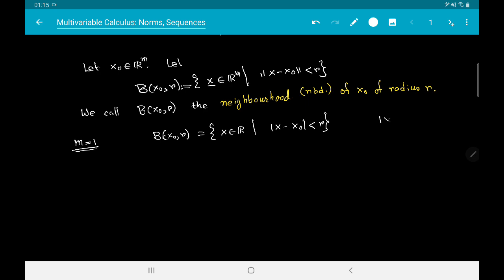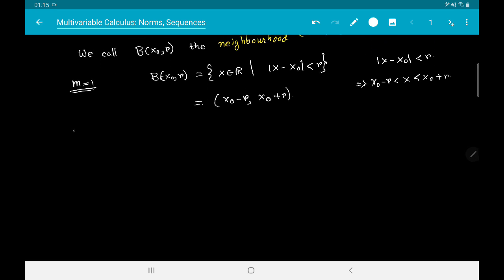What do I mean by the modulus of x minus x0 being less than r? This simply means that x lies between x0 minus r and x0 plus r. So this is the open interval (x0 minus r, x0 plus r).